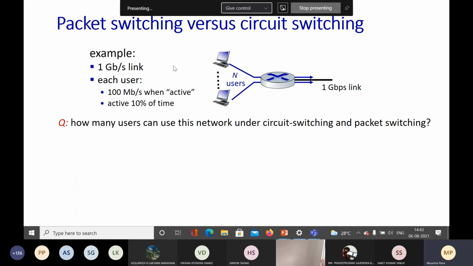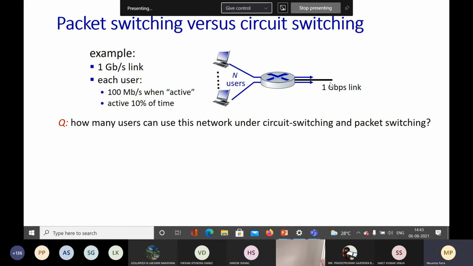Suppose you have this system. You have n users, and it is a 1 Gbps link. These blue arrows just show that data from these users is going out. It does not show that it is an open link.